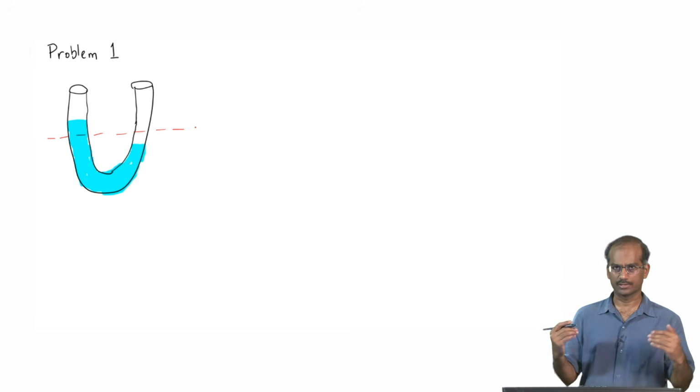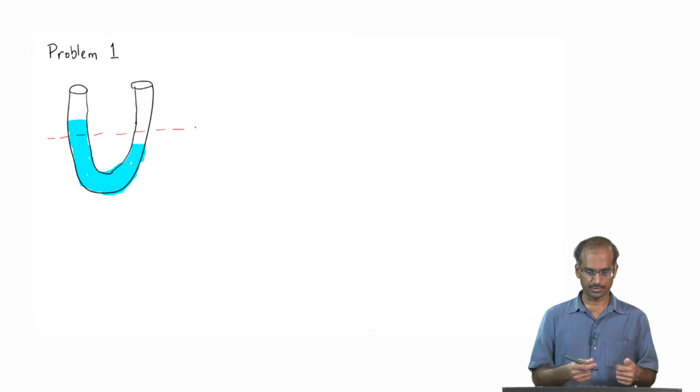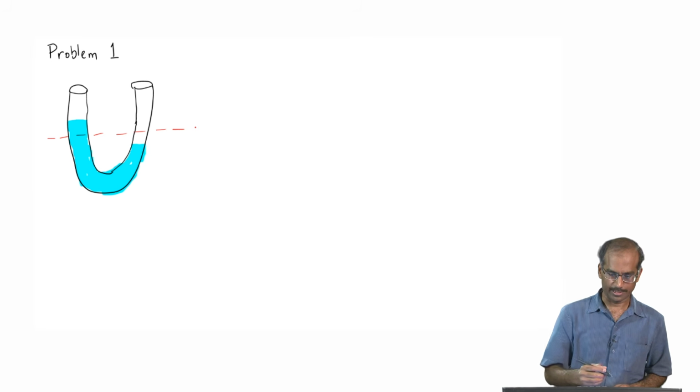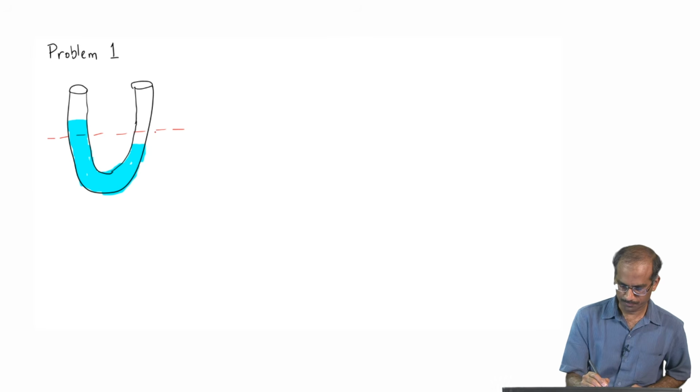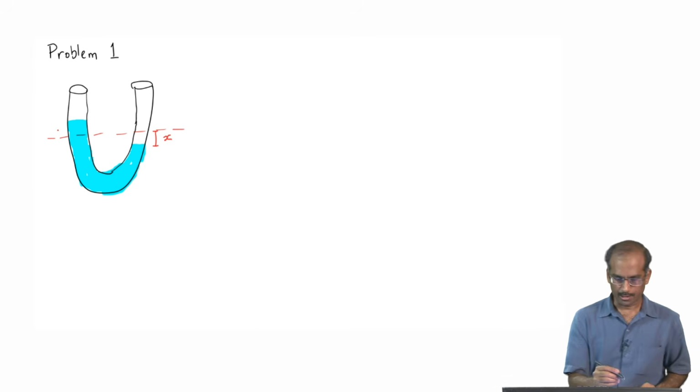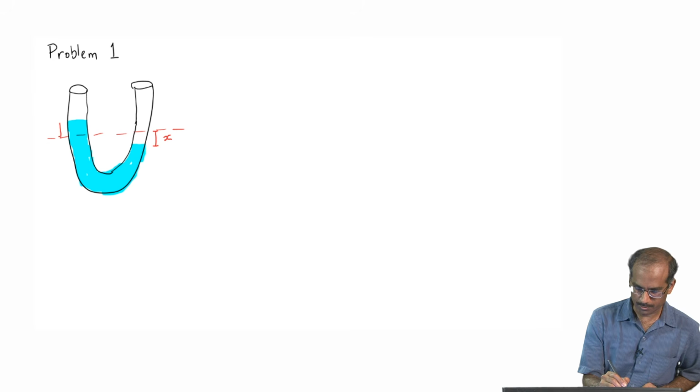The height of the water is same in both the arms of this U tube. But when, let us say, I depress the water in one of its arms like this by an amount equal to x, the water in the other arm rises by an amount x as well.